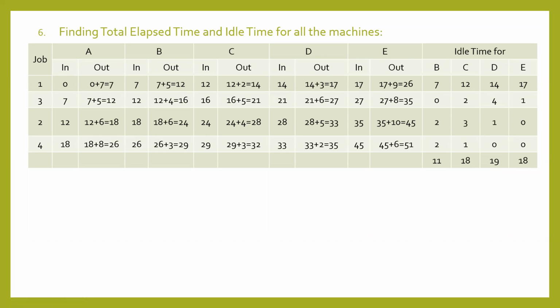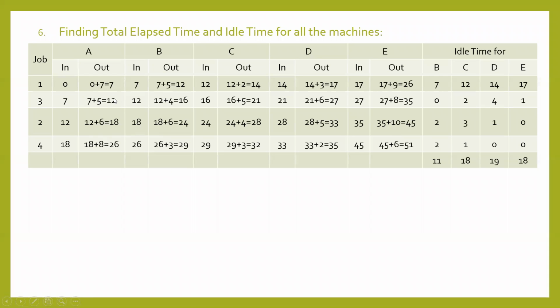Now look at the second row and pay attention to this one, because if you understand this, you can solve all the problems. The out of the first job will be the in of the second job on machine A. So out is 7 here, so the in for the second job, that is job number 3, is 7. 7 plus its processing time on machine A gives you 12. Now look at this value.